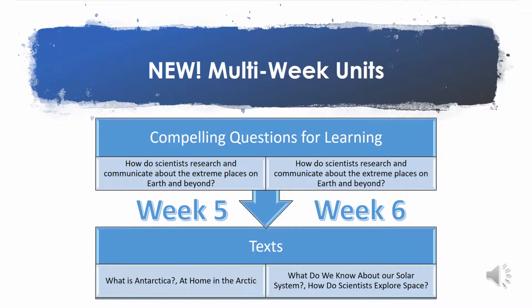Students will think about this through the lens of scientists and engineers, and then through sports players. In weeks 5 and 6, students will learn about how scientists research and communicate about extreme environments. These texts were purposely chosen for these weeks to align with the ENW unit in writing starting in week 6.